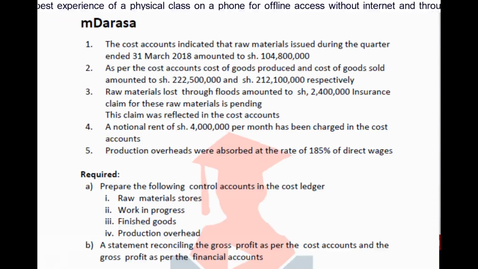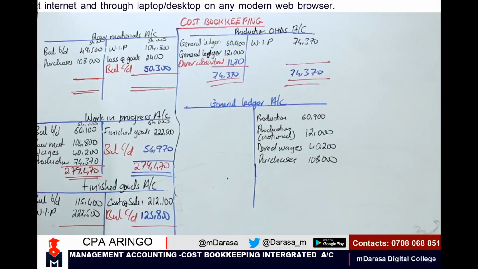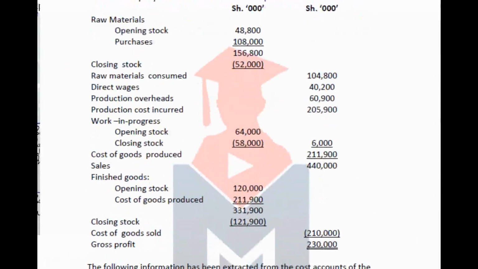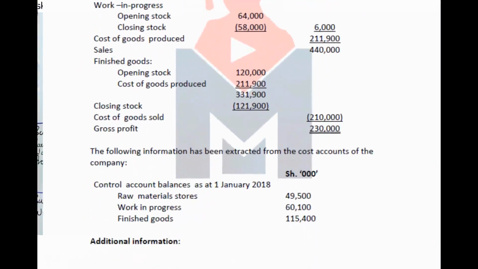The next component to consider was what? These inventories, opening inventories. Opening inventories for raw materials, work in progress, and finished goods. So this is what we will be having. Opening inventories, we are given how much? So we are given 49,500.